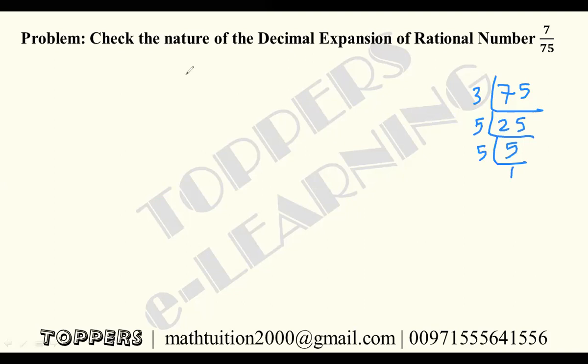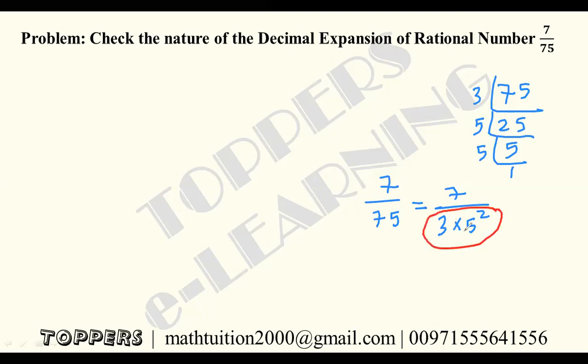So 7 by 75, we can write it as 7 divided by 3 one time, and 5 how many times? 5 squared. Nothing else, right? 1 no need to write. So see the denominator's nature. What is the denominator's nature?